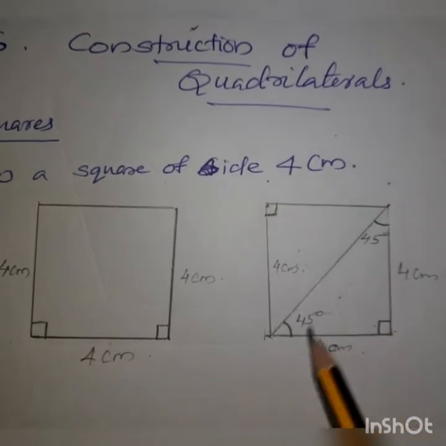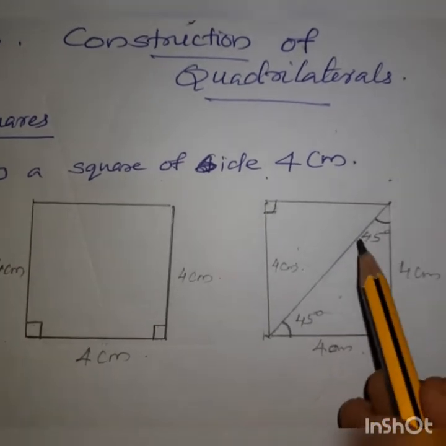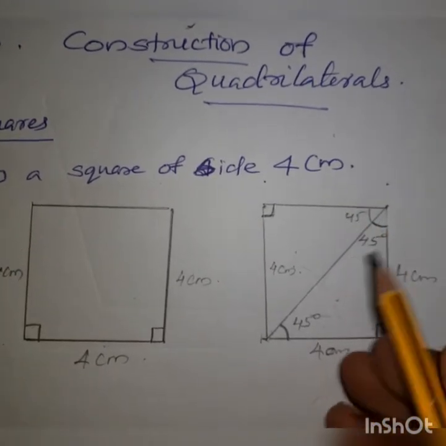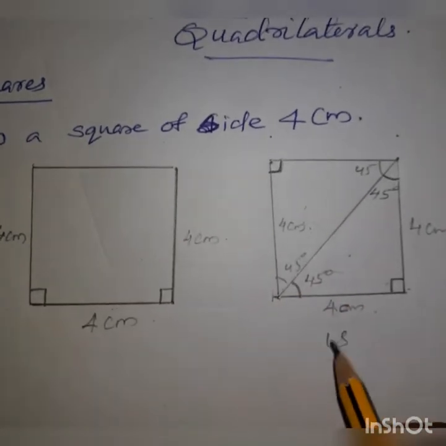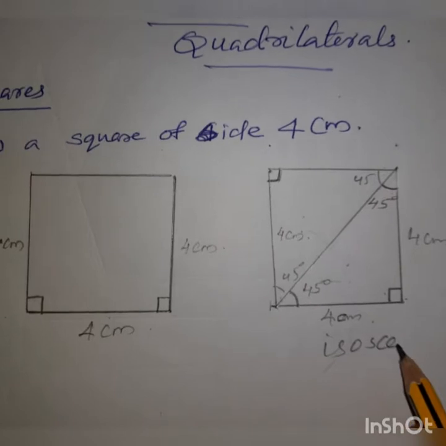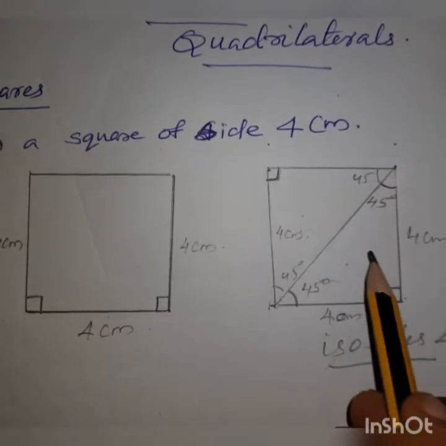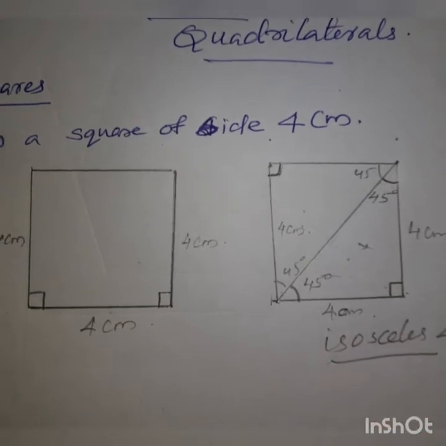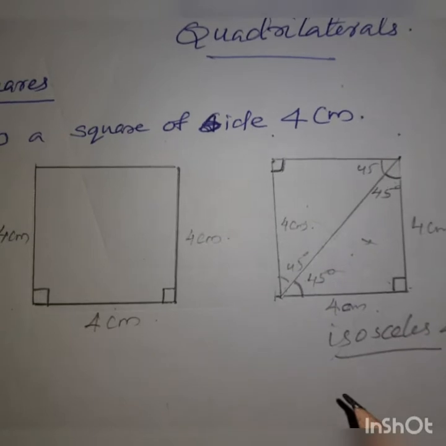So this triangle you can call an isosceles triangle, because these two angles are equal, and this is a right angle triangle.